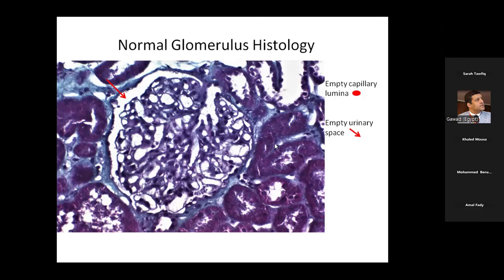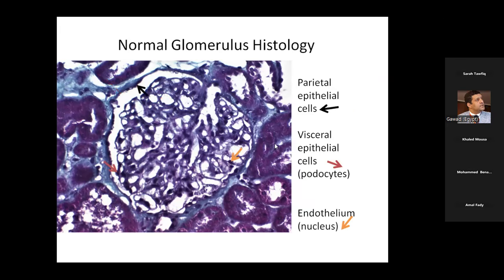The normal glomerulus means that we should see just an empty capillary lumen and an empty urinary space, as highlighted by the red arrow and the red dots for the empty capillary lumen. That's the main thing that will take your attention to see that it's a normal glomerulus, it's empty.